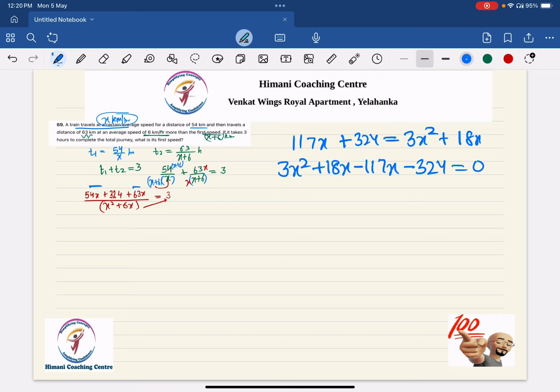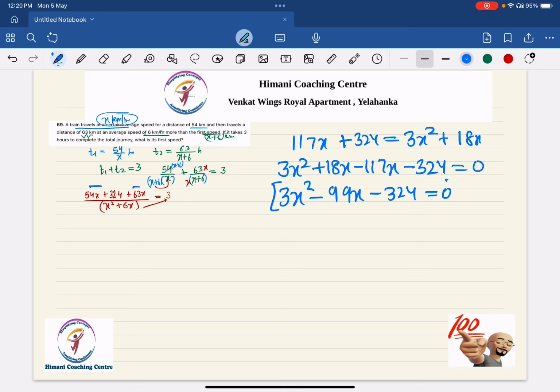Now we have 3x square, 117 and 18. So 117 and minus 18 is minus 99, so that is 3x square minus 99x minus 324 equals 0.